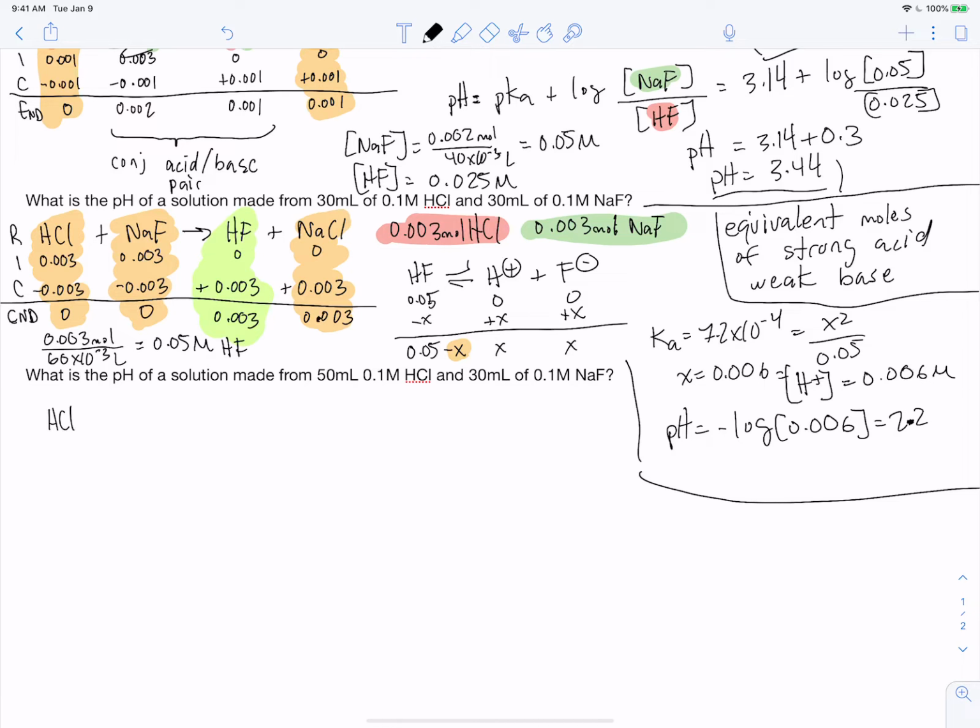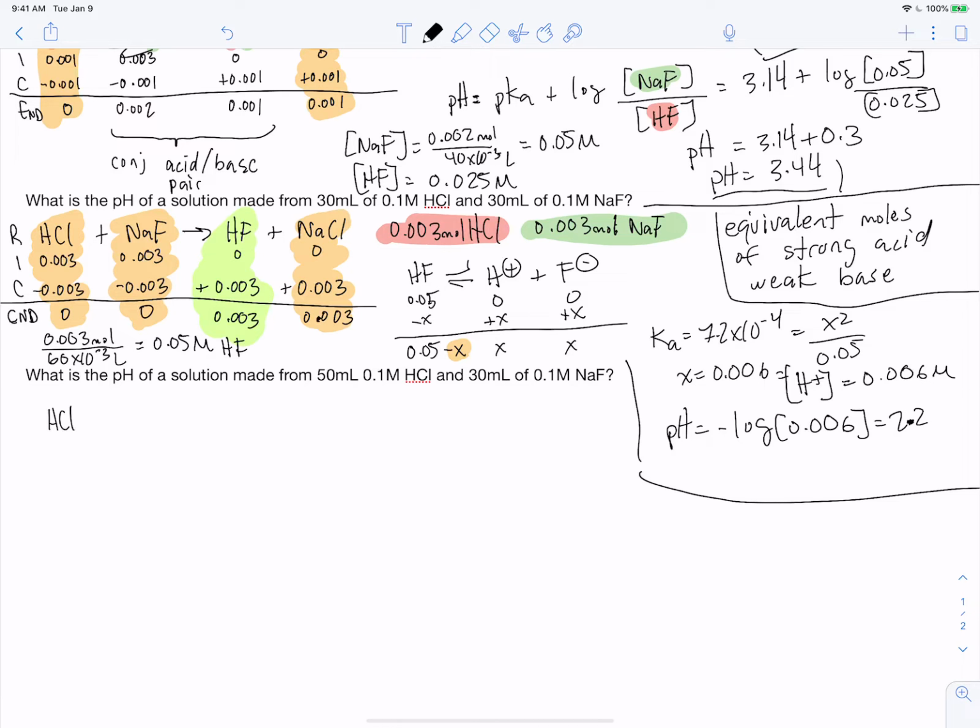What's the change, I guess you want to say, is 0.003 moles of the sodium fluoride. I want to subtract out 0.003 moles from HCl. I'm going to form 0.003 moles of HF. I'm going to form 0.003 moles of sodium chloride, which I don't really care about at all.